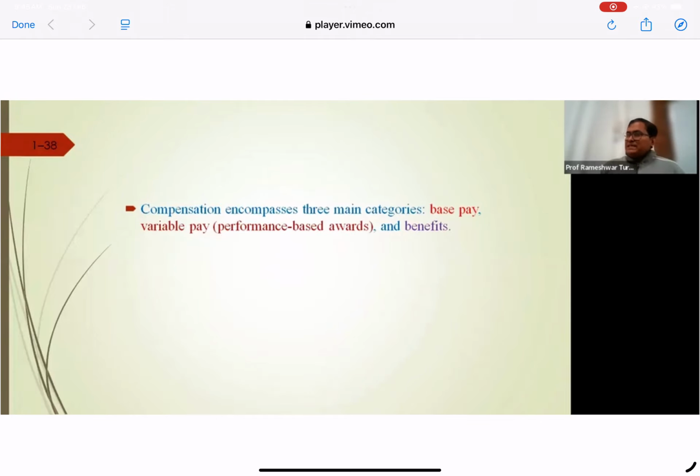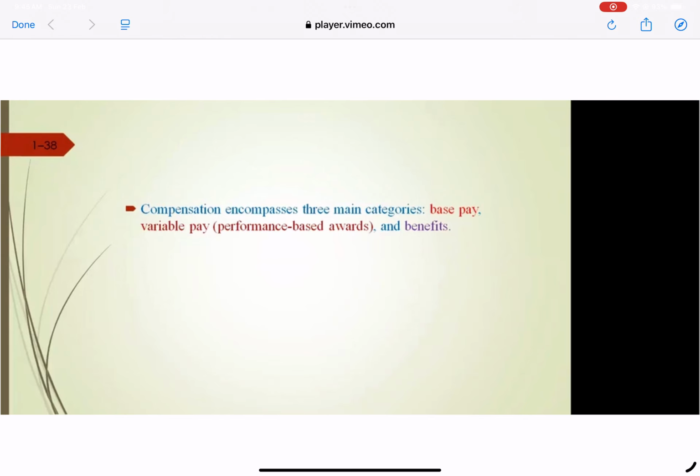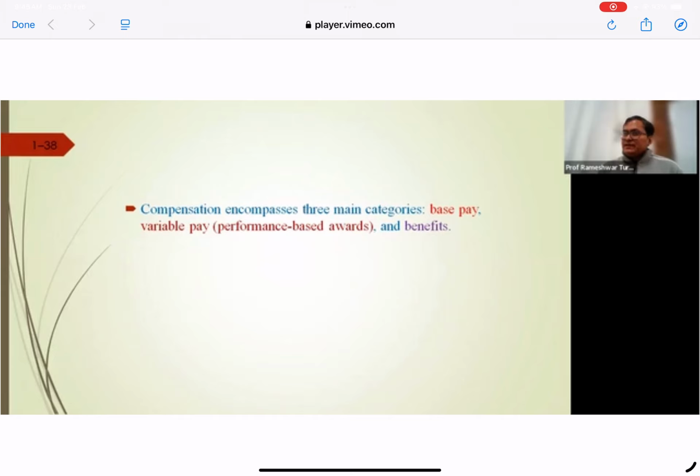So we will have base pay. We will have some variable performance based component, and the third is the benefits. Benefits. Okay.